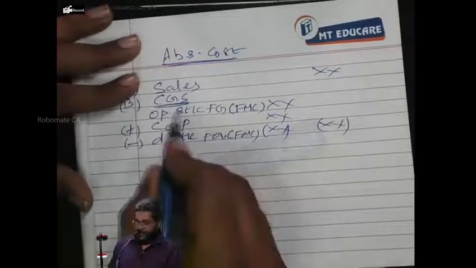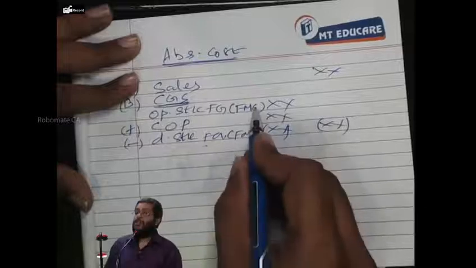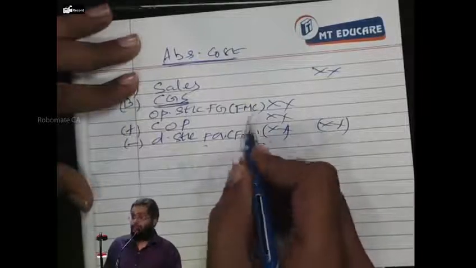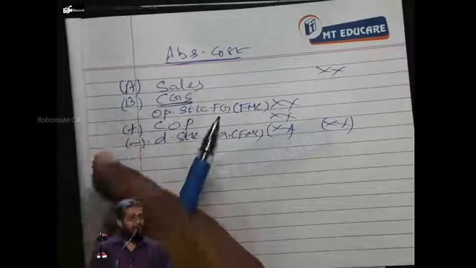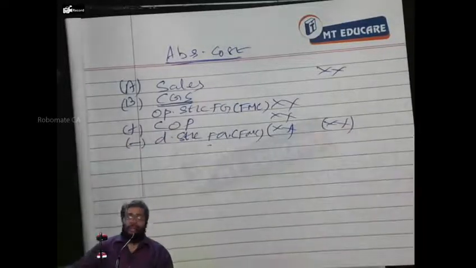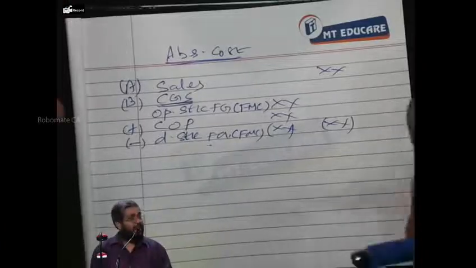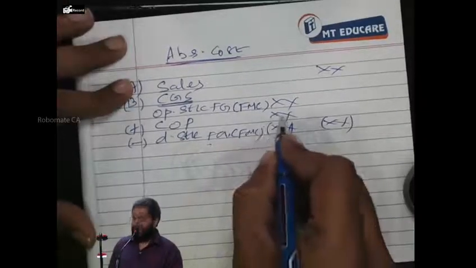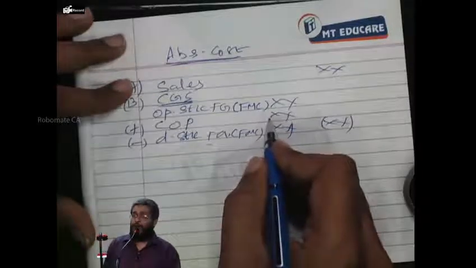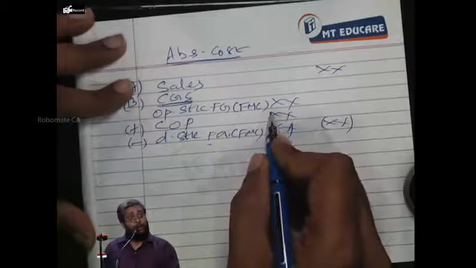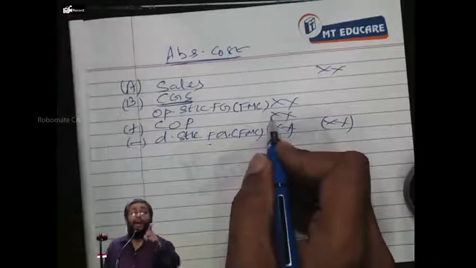Now, the opening stock and closing stock should be valued at full manufacturing cost. In cost of production, to produce the units, I spend material cost. This number will consist of material cost, labor cost, variable overheads, and also absorbed fixed overheads.